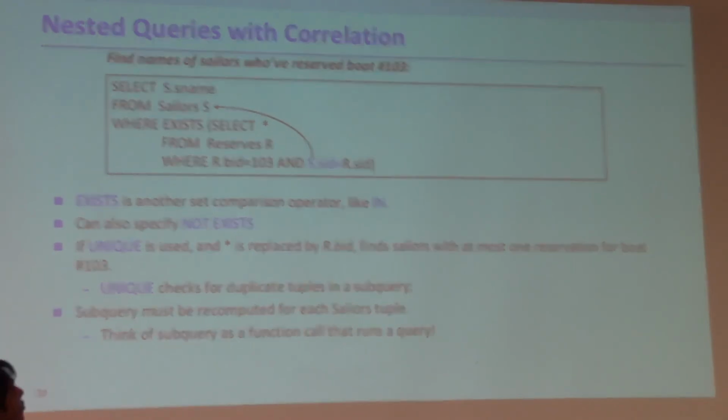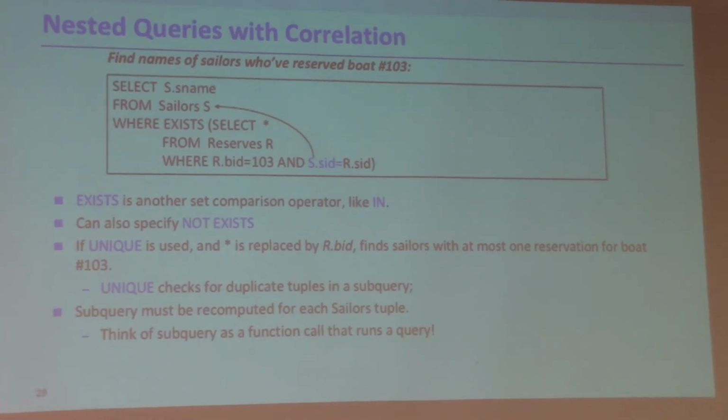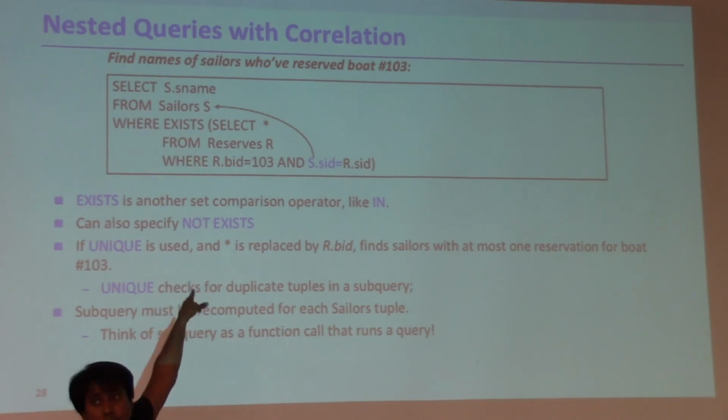Find names of sailors who have reserved boat 1 or 3. If you remember the previous one and this one, there is a change. It says WHERE EXISTS. I would say this is a much more efficient query than using NOT IN or IN. For every particular sailor, it goes through each and every sailor and outputs this internal part.